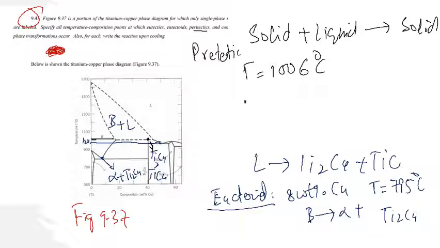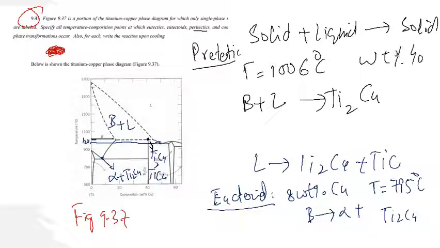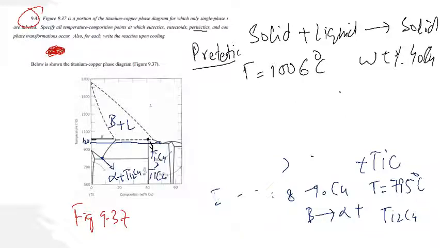The reaction is that beta plus liquid both convert to another solid, which here is Ti2Cu, dititanium copper. So this is the peritectic reaction, and the composition of copper here is 40% Cu.